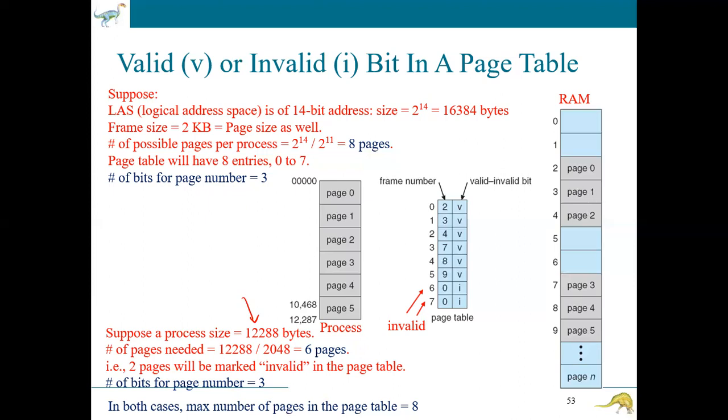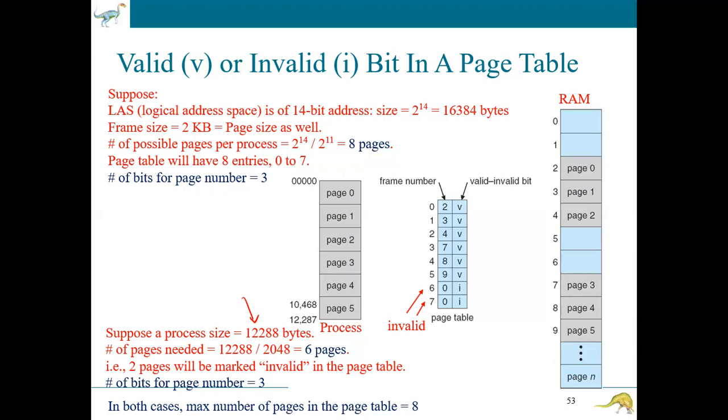So you need 6 pages. The number of pages you require is 6 pages. Is it exactly divisible or not? Can anyone do it, please? 12,288 divided by 2048. Is it exactly 6 or 5 and something? It's exactly 6.